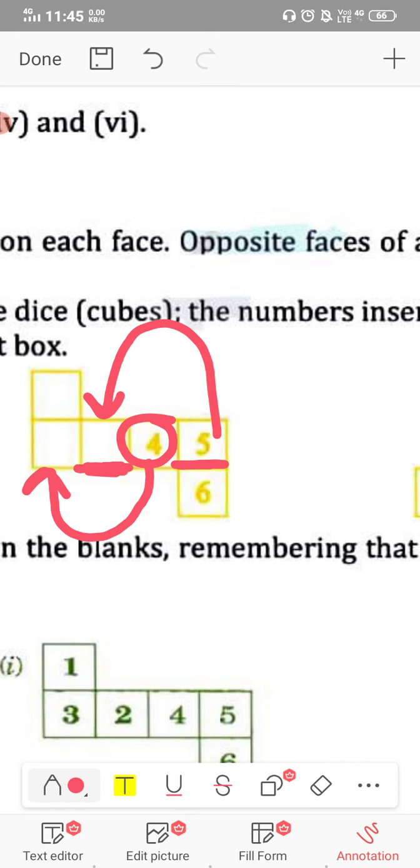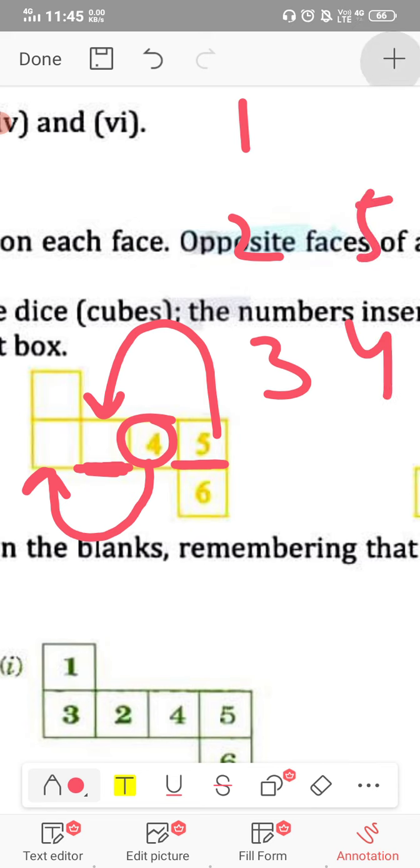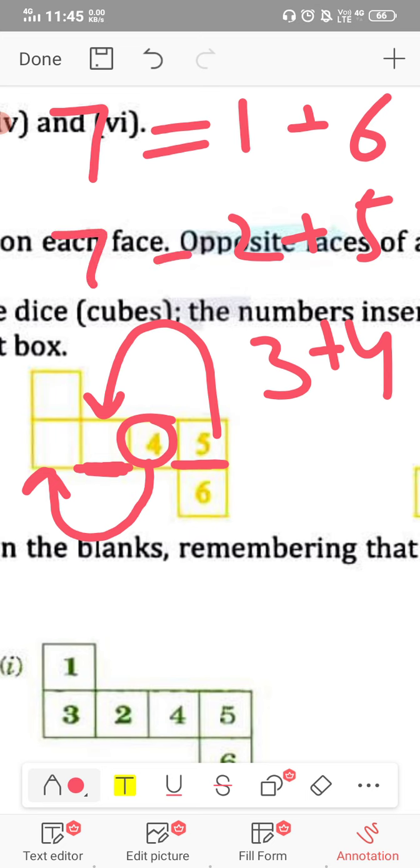Now, as we know that a cube has 6 faces, and every face has the numbers 1, 2, 3 and 4, 5, 6. So we know that the opposite faces of a cube have a sum equal to 7. So 6 plus 1 is 7, 5 plus 2 is 7, and also 3 plus 4 is equal to 7.